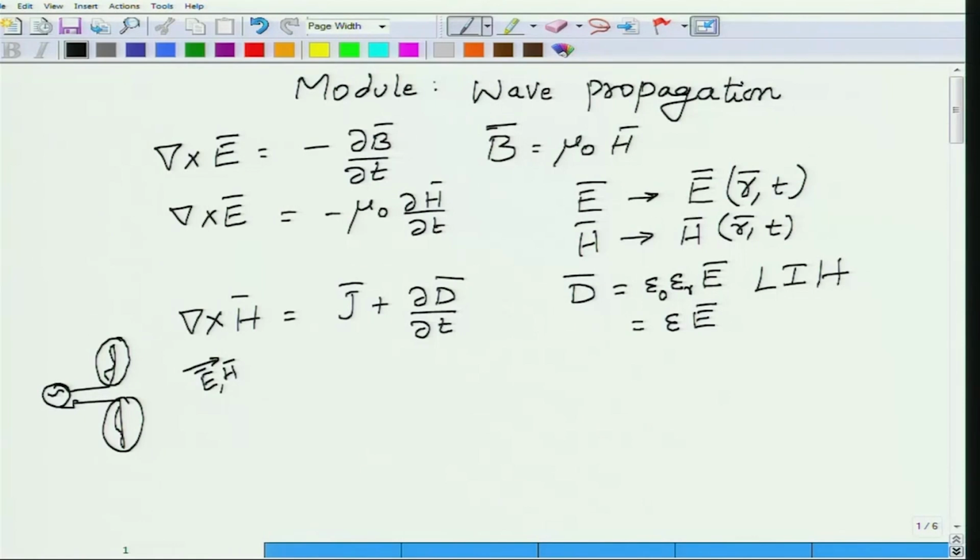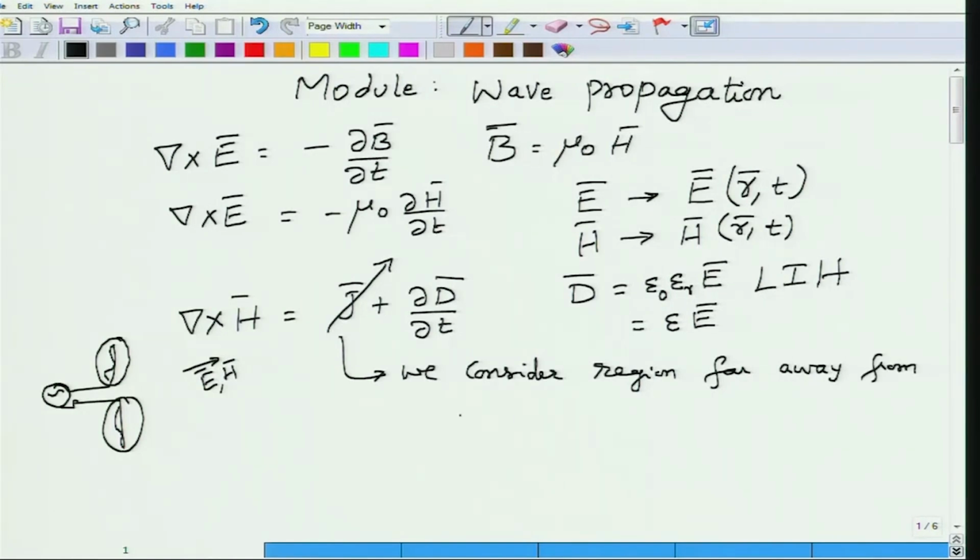Because of that, I can safely turn off J, only because we consider a region far away from source currents and any charges that we have. So in the region we are considering, there are no free charges, there are no free currents. This implies that we have J is equal to 0, and for future reference rho v is also equal to 0.